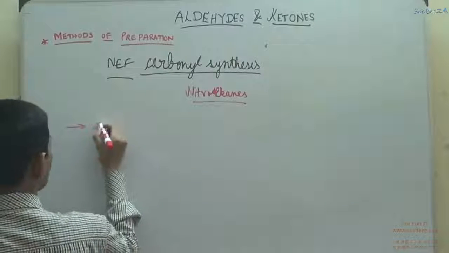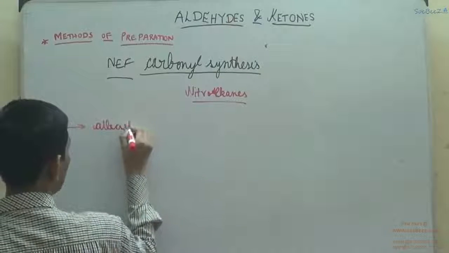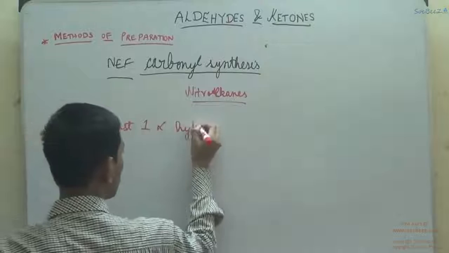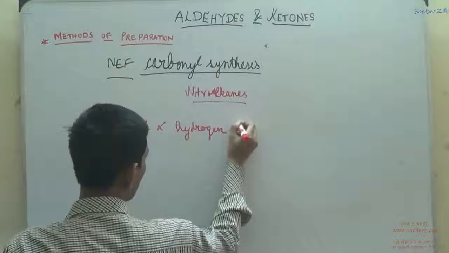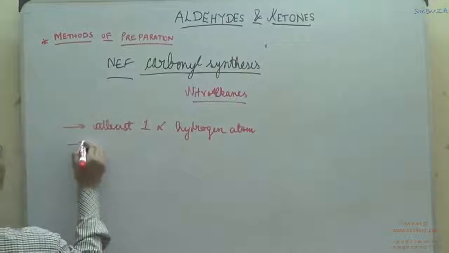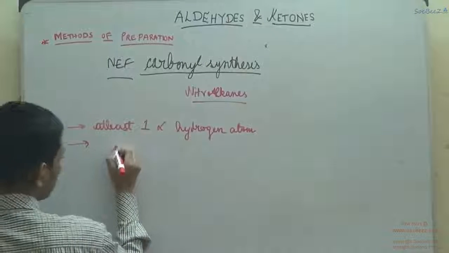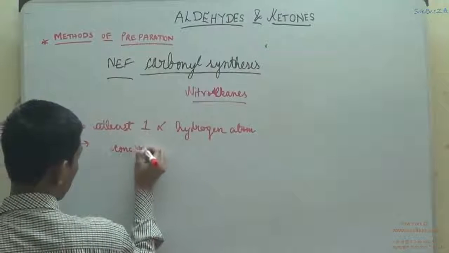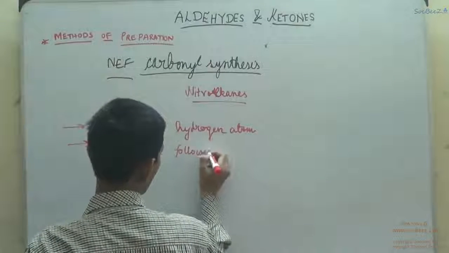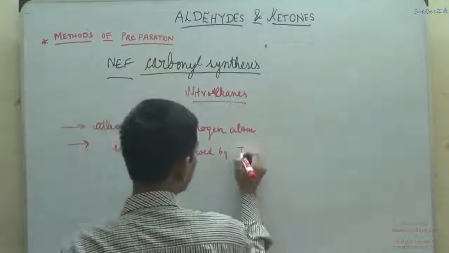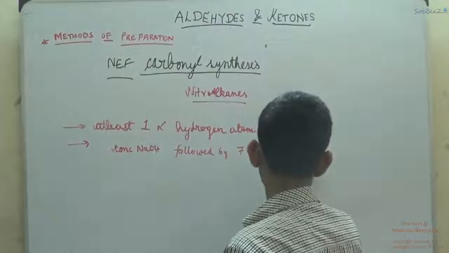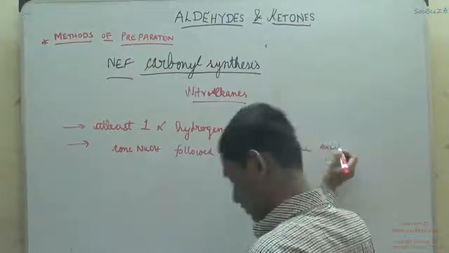The necessary condition is that the nitroalkane should have at least one alpha hydrogen atom, and the reagent is concentrated NaOH, followed by 70% concentrated sulfuric acid.